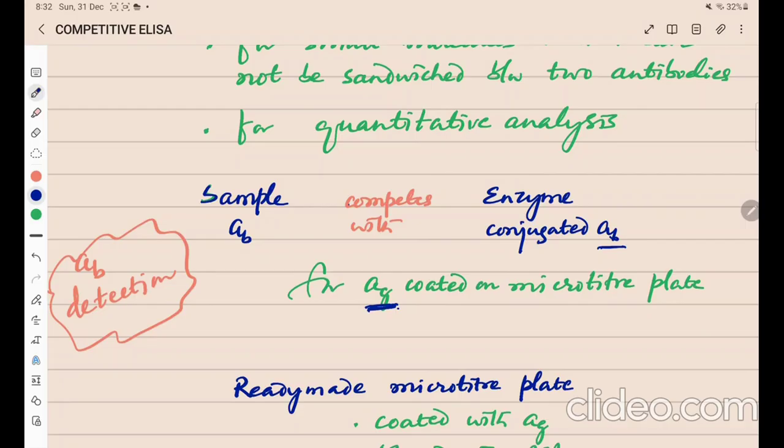So that will bind instead of the antibody in the sample. If the antibody in the sample is more, then that will bind. If the antibody in the sample is less or the antibody conjugated with enzyme is more, then that will bind. So this is the competition. That's why you call it competitive ELISA.